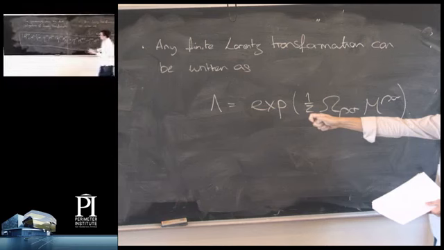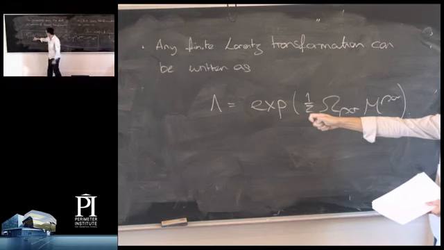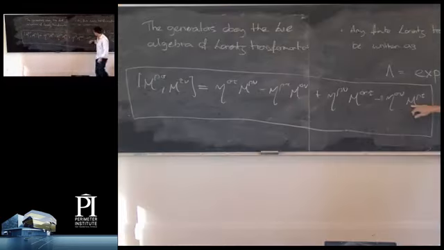Again, just to stress, this is a 4x4 matrix, and I'm commuting it with a 4x4 matrix, but I'm dropping the mu nu labels because there are already enough labels in this equation. Each of these is a 4x4 matrix where the row and column labels have been left implicit.